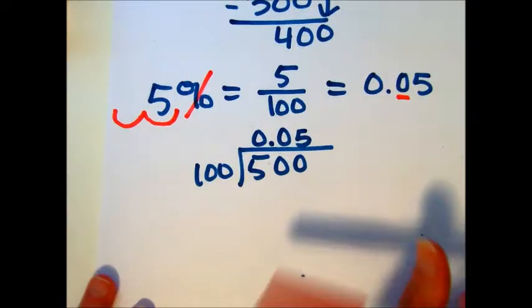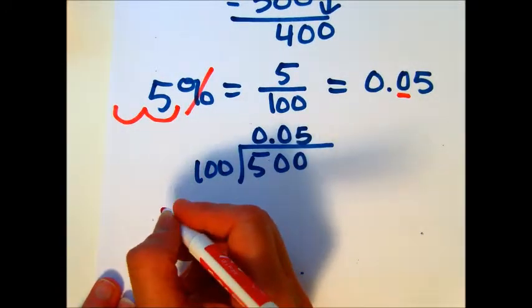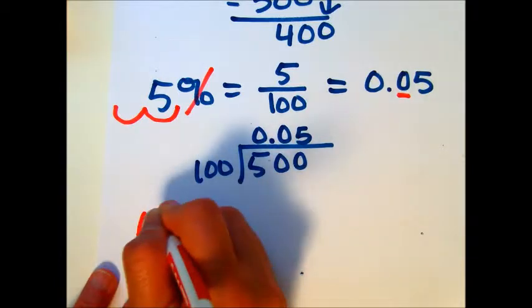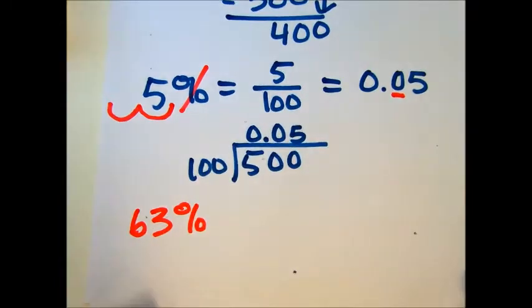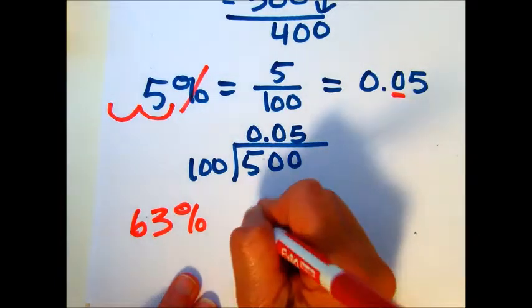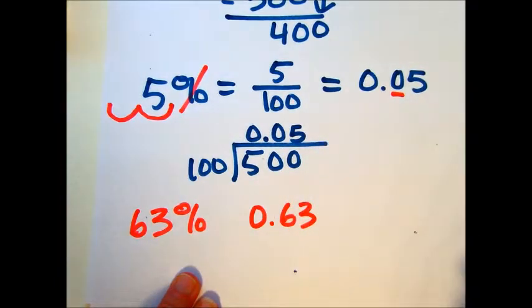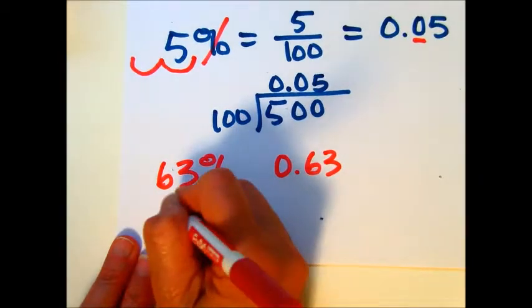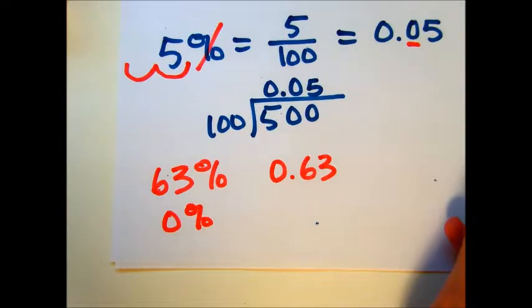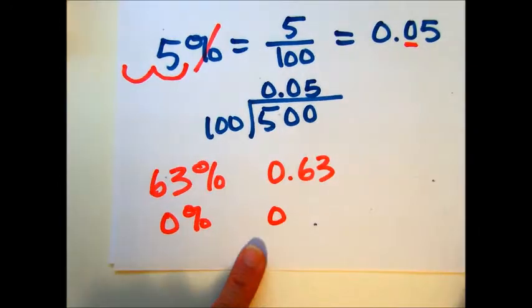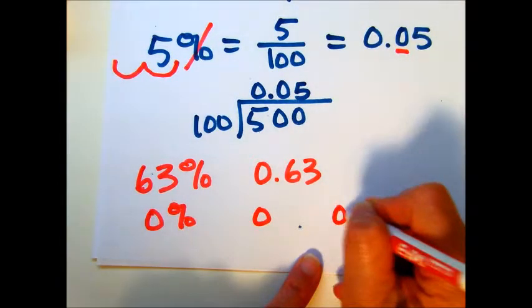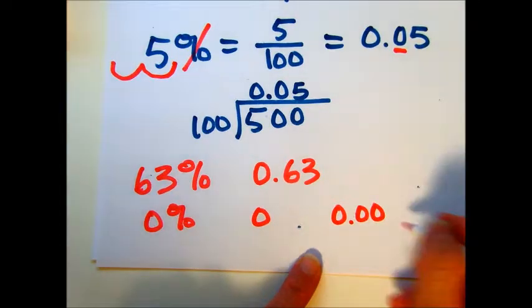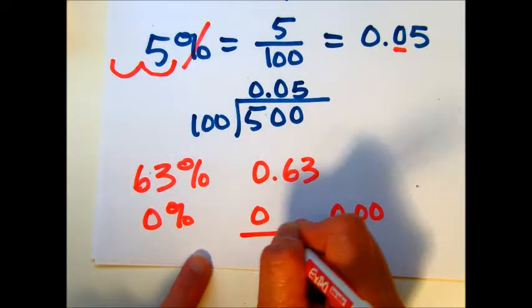Let's try one together. Say we have 63%, and you want to write that as a decimal. Well, if you wrote 0.63, you're correct. Let's try this one. 0% is going to be 0. Now, you might have written 0.00, but if we simplify that, we're just going to get 0.